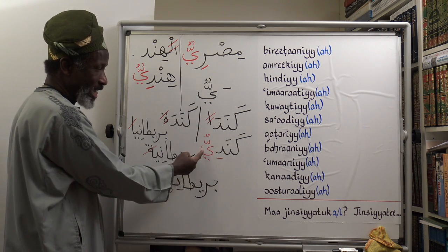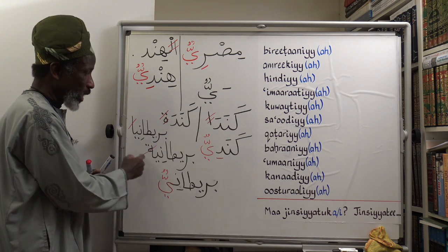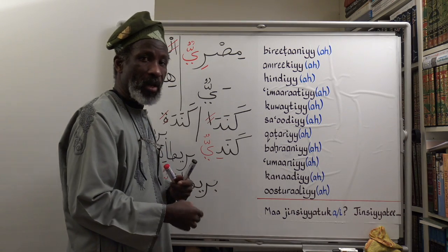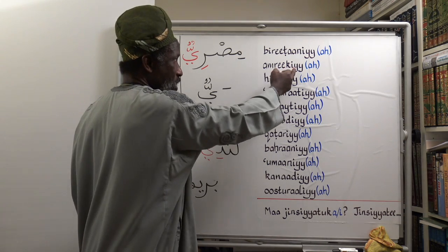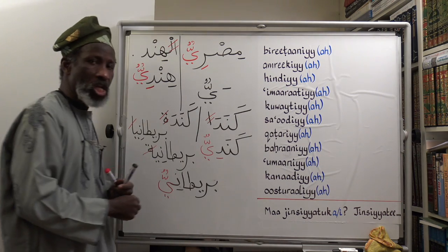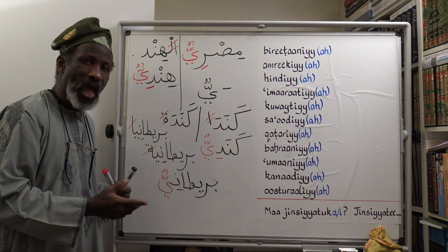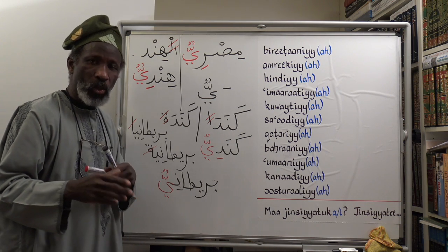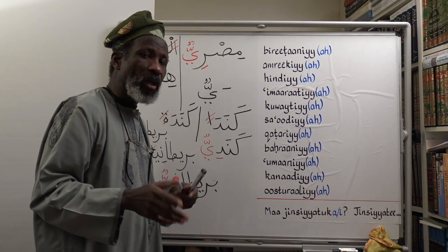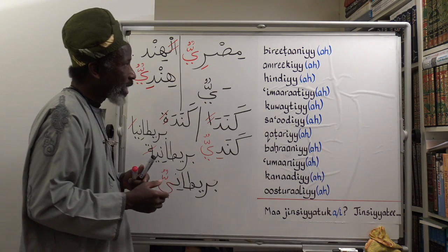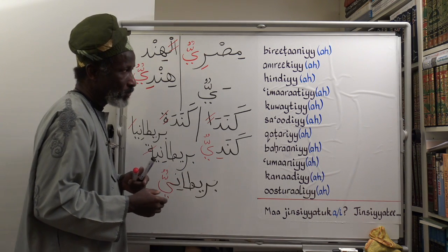Canada, now Canadiyun. Britannia, Britanni. Ameriki. Hindi. Emirati, that's from Emirate. So Emirate, Emirati. So the person belongs to or has affiliation with the UAE, United Arab Emirates.